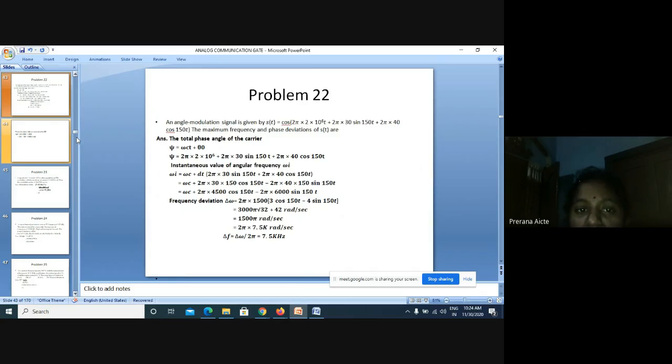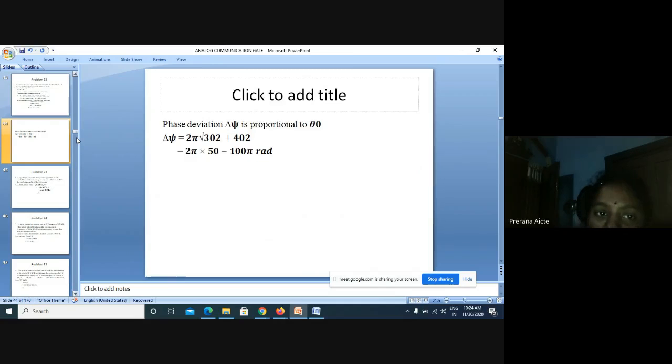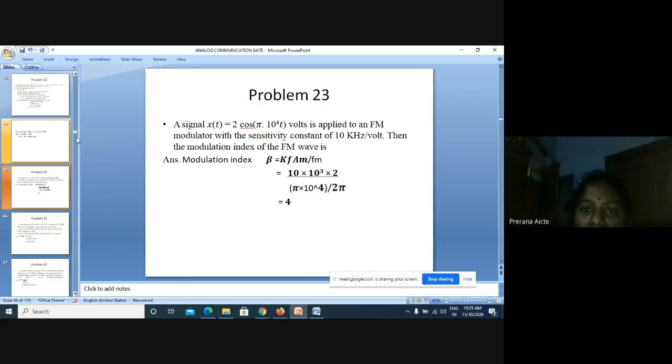So here we need to find the maximum frequency deviation, which is delta f, and the maximum phase deviation, which is del phi.